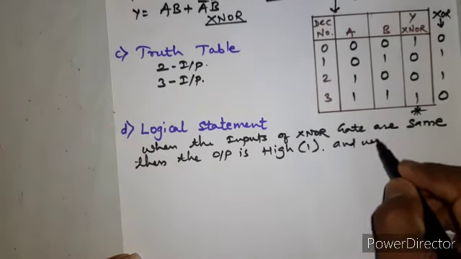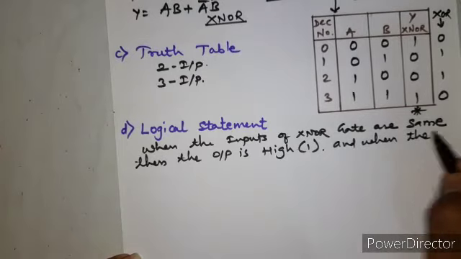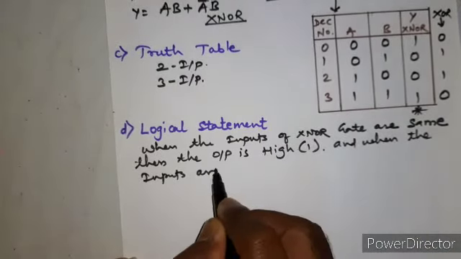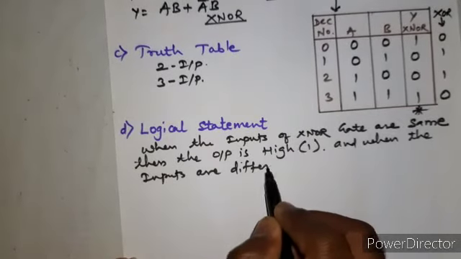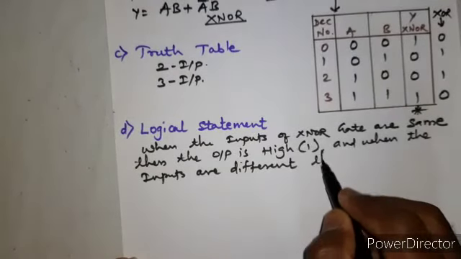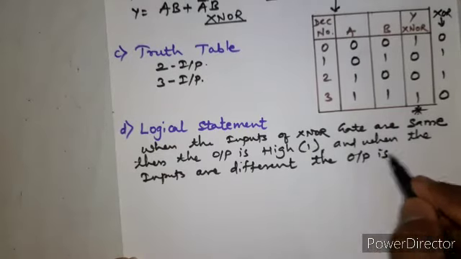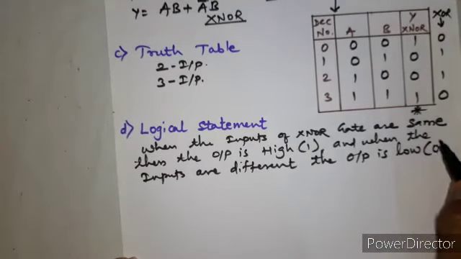And when the inputs are different, the output is low, or 0.